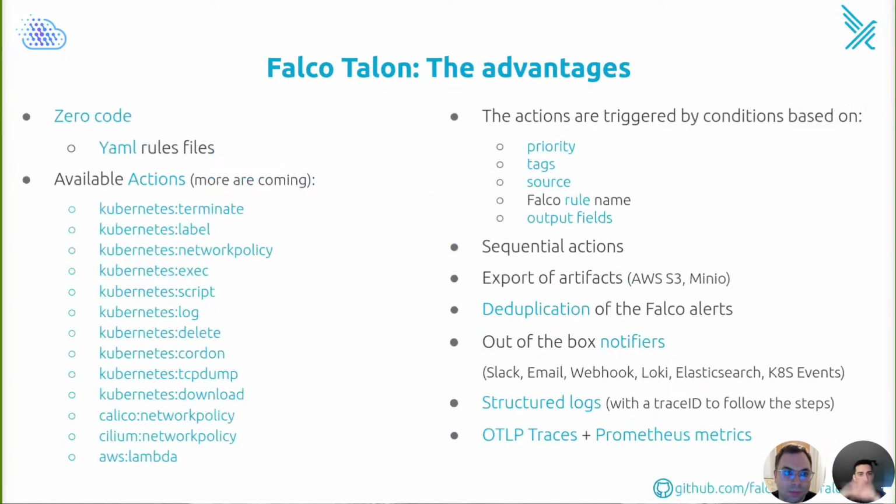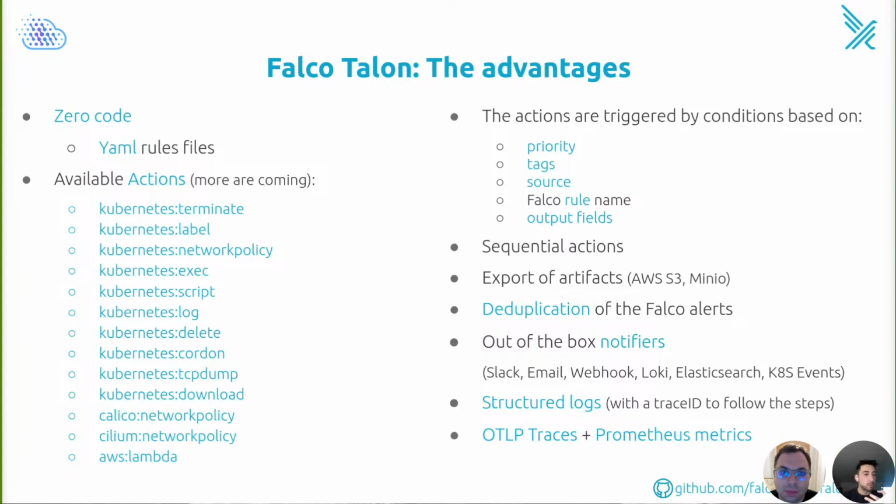So to give you an overview of the advantages of Talon, like I said, zero code. You just need to write some YAML rules. Of course, Falco Talon comes with out-of-the-box actions. First, we focused on Kubernetes, but we can do more. So you can terminate a pod, add a label, modify a label, or delete a label from a pod.